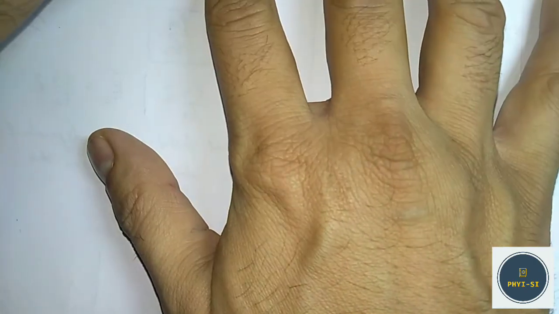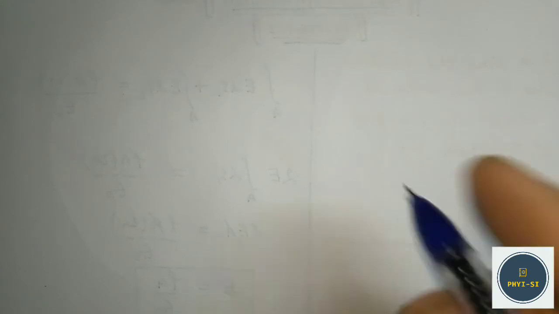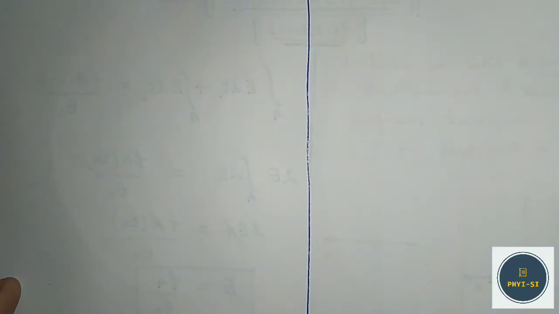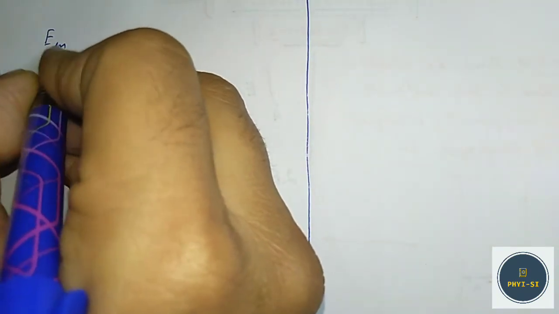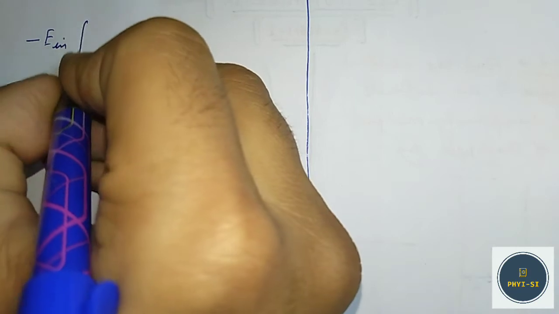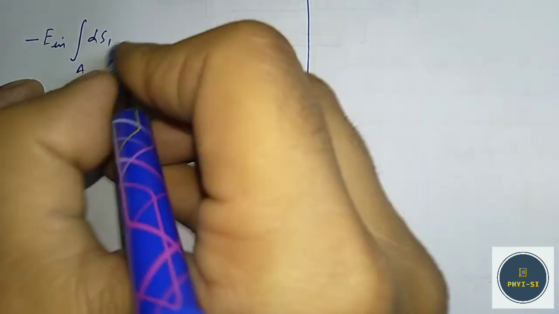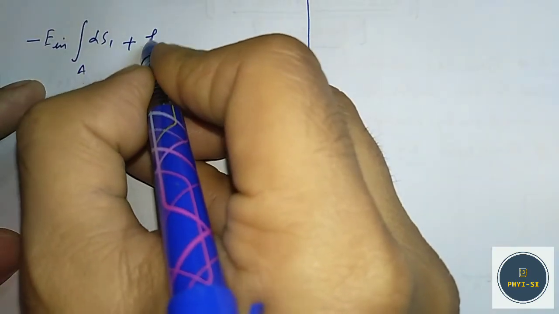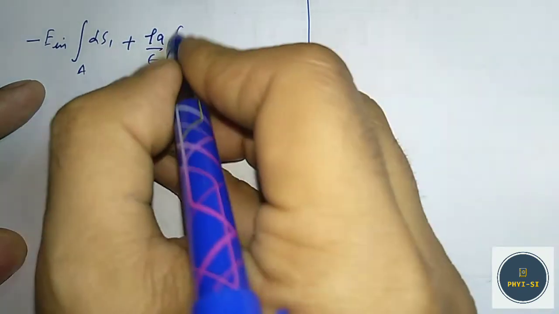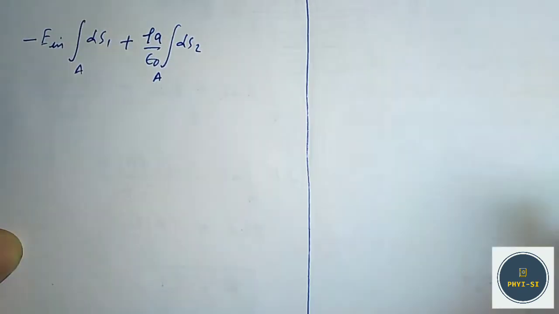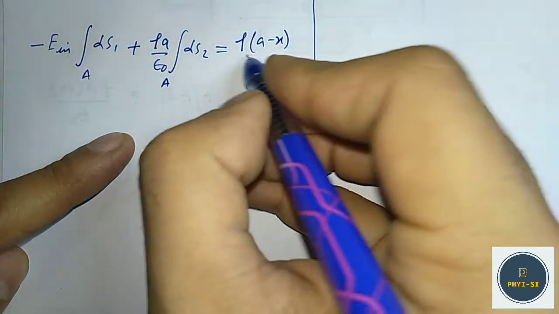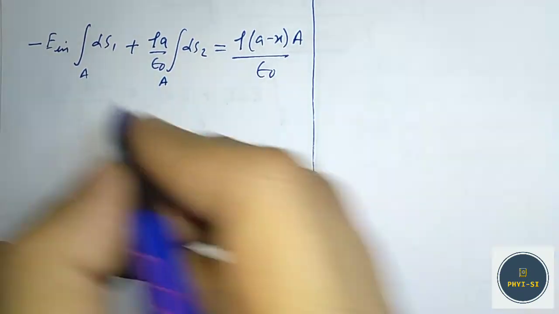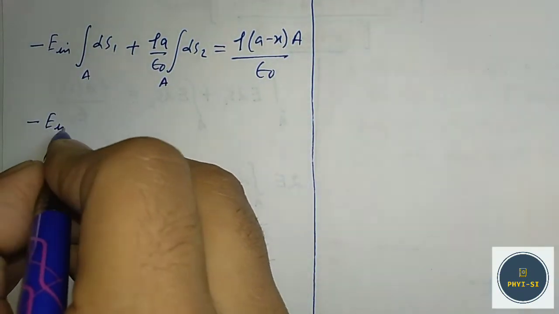So we can write it as E inside with a minus sign, and ds1 over area A, plus rho A over epsilon naught, then ds2 over area A, and this will be equal to rho (A minus x) upon epsilon naught into A. So we can solve it.